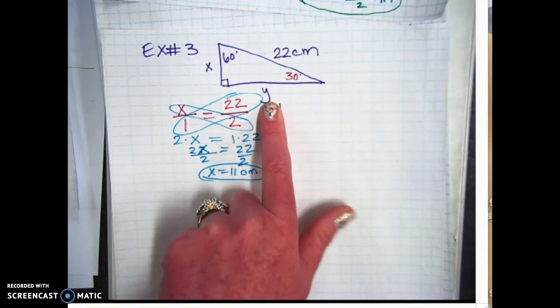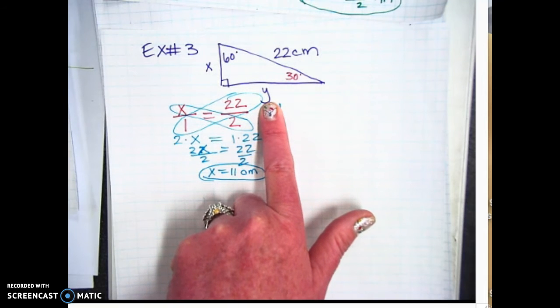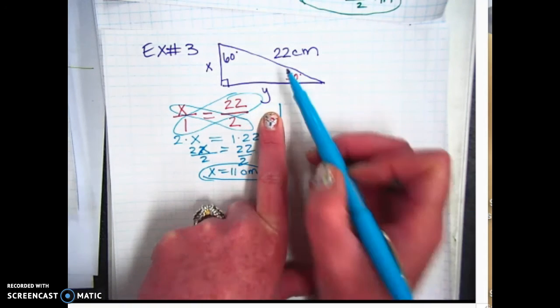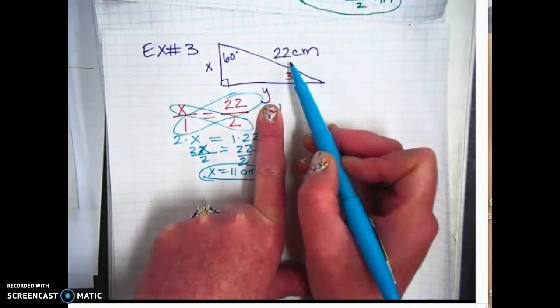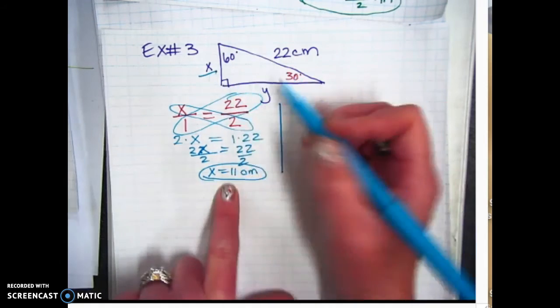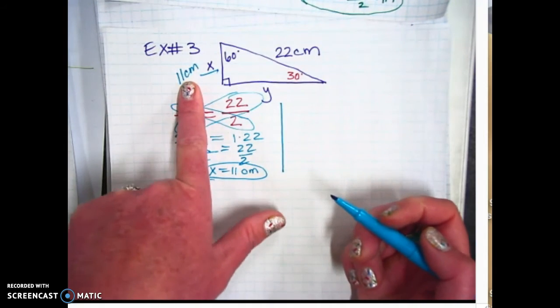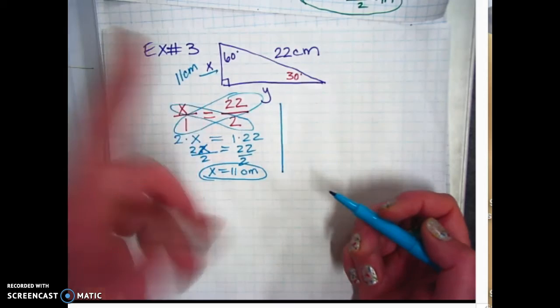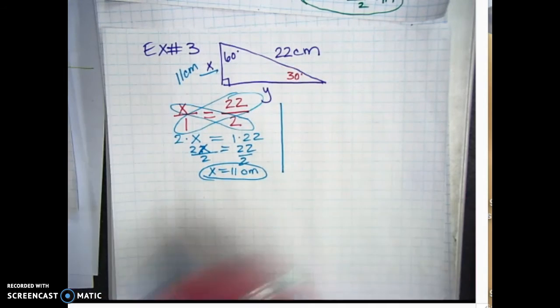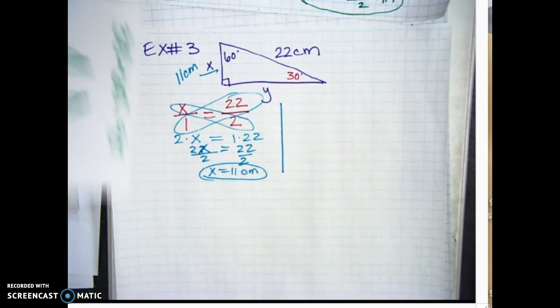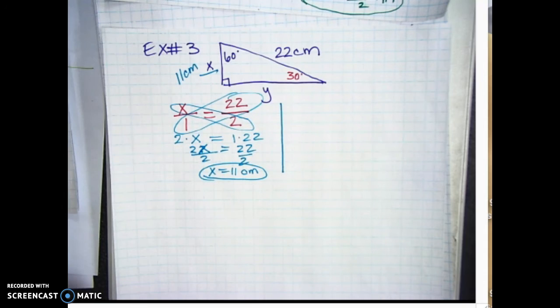Now we need to get our y answer. Okay, and we can use 22 again, but now that we know this x side is 11 centimeters, technically you could use that side. So it doesn't matter, 22 or 11, just as long as you match it up correctly with what's on your card, okay?